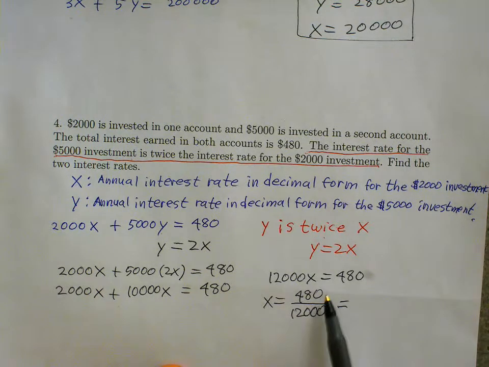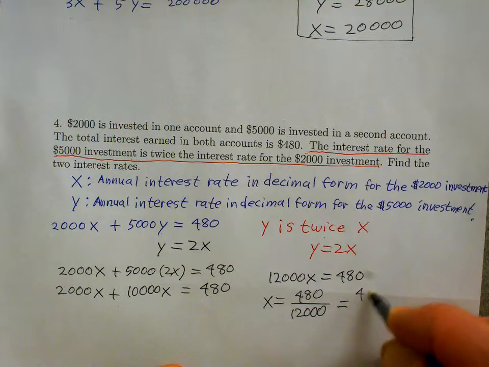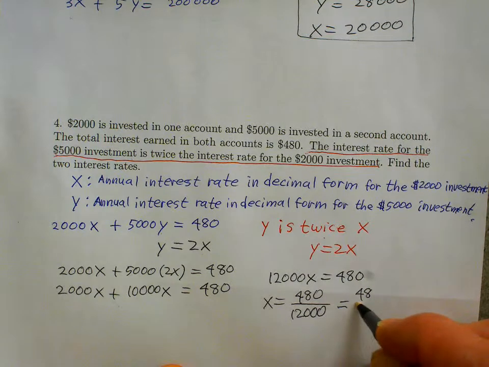So I can divide the numerator by 10 and the denominator by 10. In other words, cancel a common factor of 10, and I can write this as 48 over 1,200.